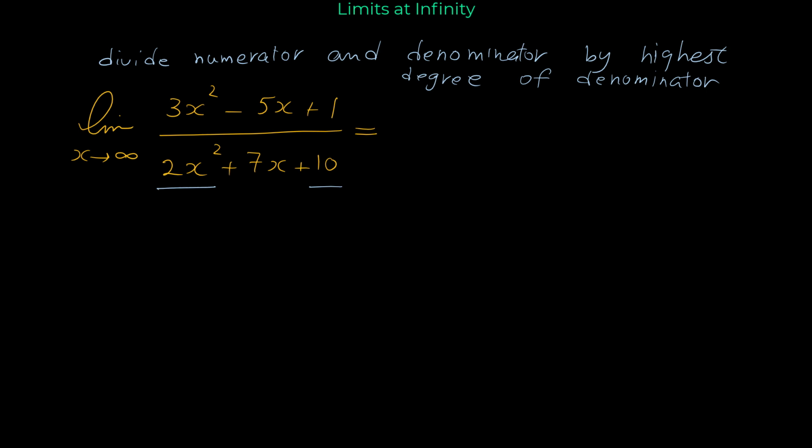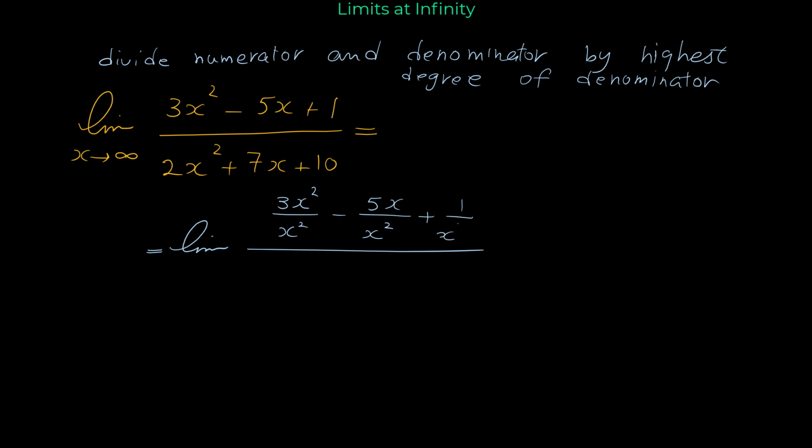Let me show you how this method works, and it helps you to find these type of limits easily. So let me start from here. We are going to divide every term in the numerator by x^2. And also we divide every term in the denominator by x^2 because we don't want to change anything.